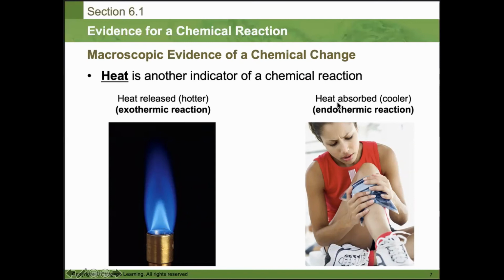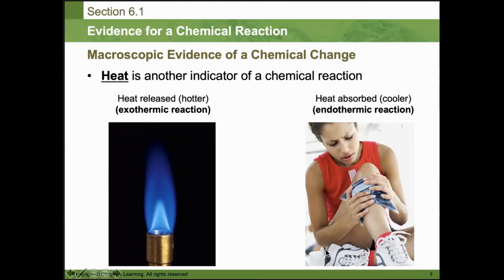The second type of heat that you can see is the other way around. So heat can be absorbed into the system, and what happens when that occurs is the thing gets colder. Right. So these ice packs that you see, they start out at room temperature, and then you break something on the inside of that ice pack, it mixes the two compounds together, and immediately the thing starts cooling down.